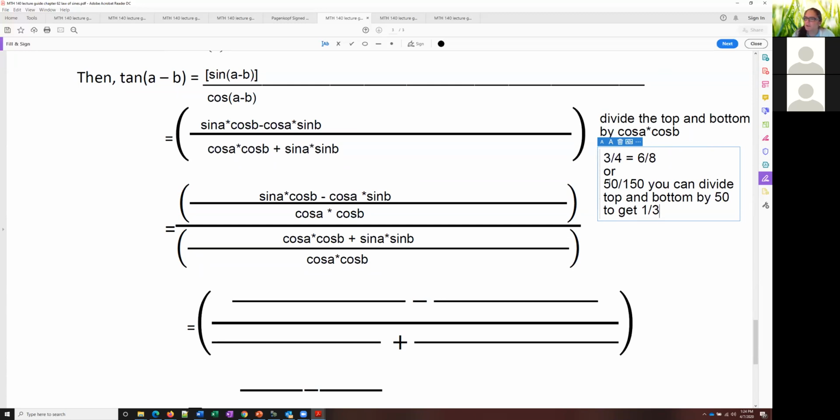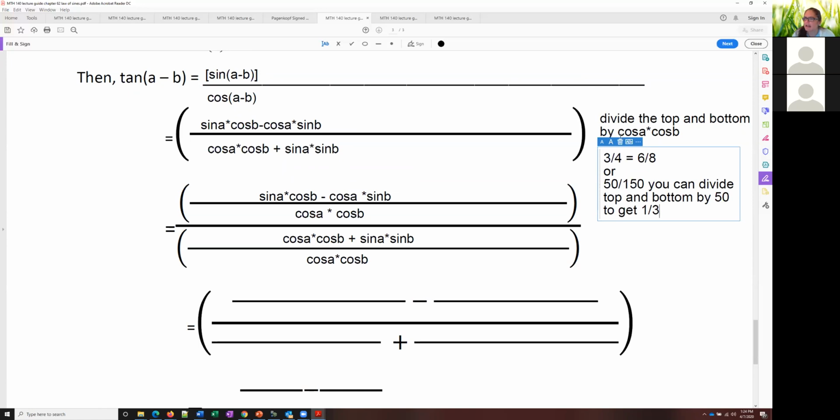Okay, so if you have a fraction, you're allowed to multiply the top and the bottom by the same thing. So here I multiply the top and bottom by 2, or you can divide the top and the bottom by the same thing. Here I divided the top and bottom by 50. Okay, so that's just something that you're allowed to do with fractions.